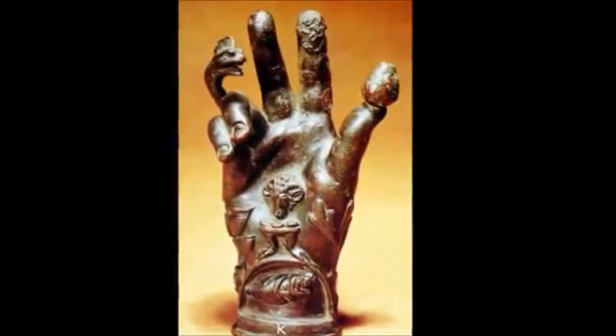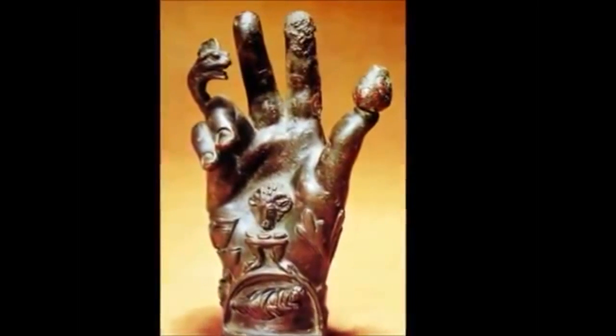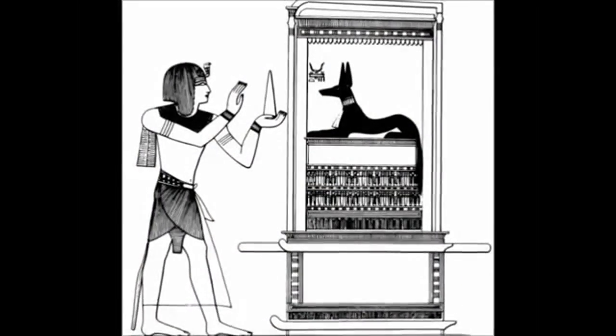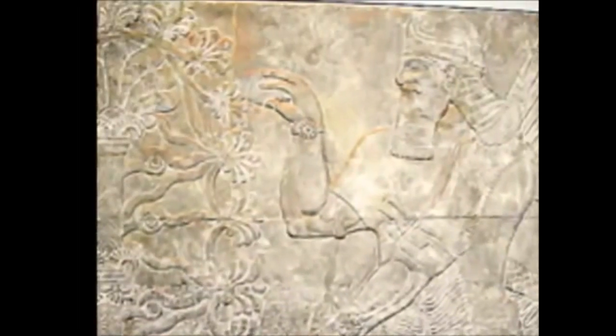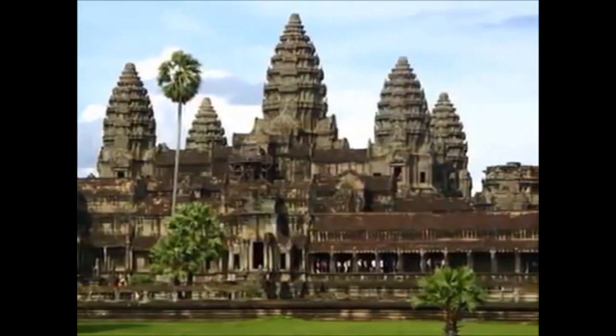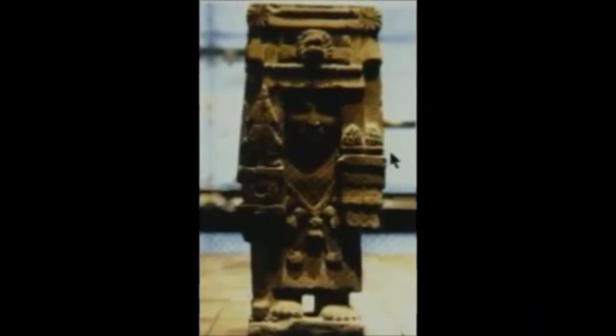The pine cone is found in many ancient works of art. Even here, in an ancient Roman bronze statue, shows the thumb with a pine cone on it. The pine cone is shown in early Mesopotamian and Egyptian hieroglyphics. Ancient Buddhist architecture and art closely mimic the pine cone.